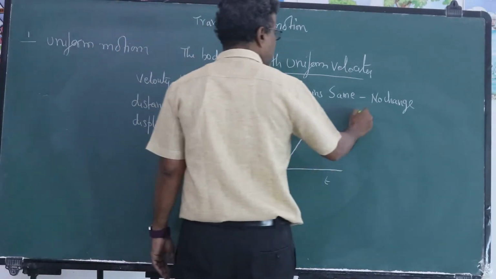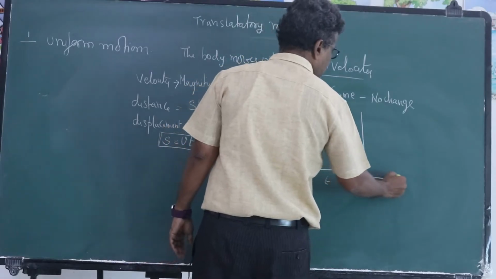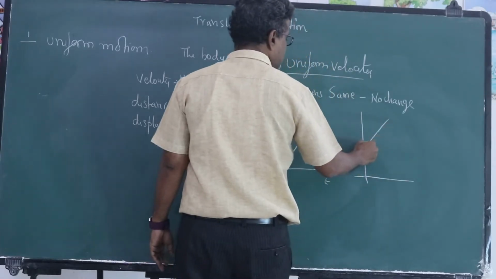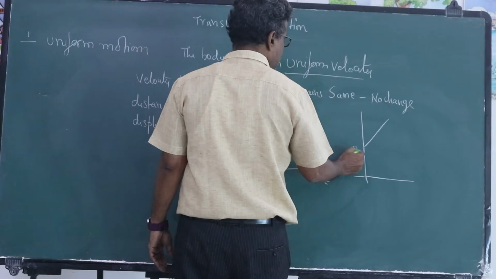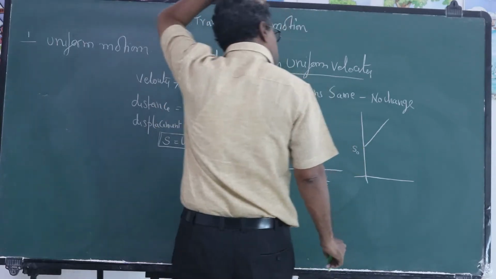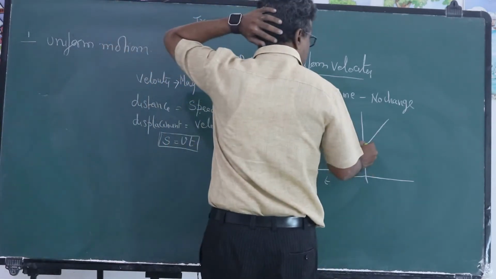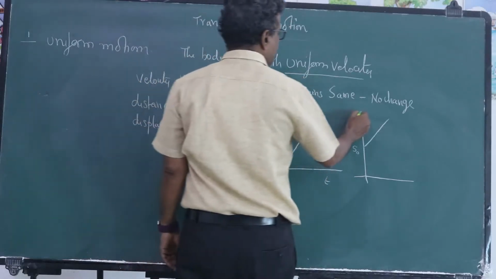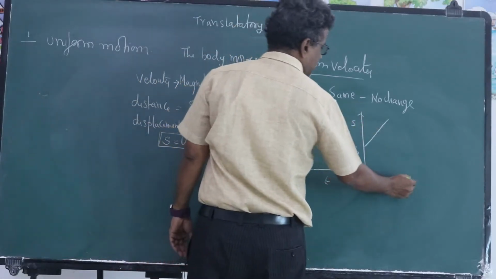If it does not start from the origin, then you will get a line like this. That means it has a certain initial displacement from the origin. Let it be S0. So this is an ST graph. This is also an ST graph.